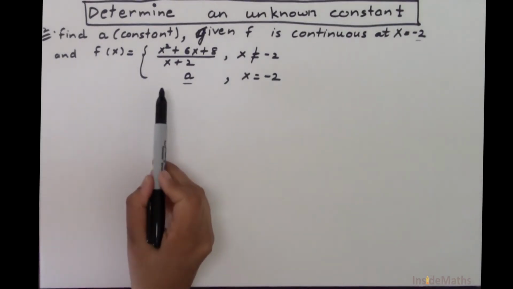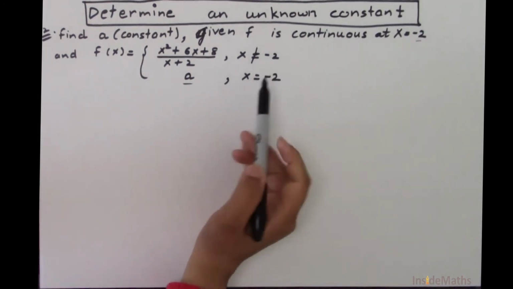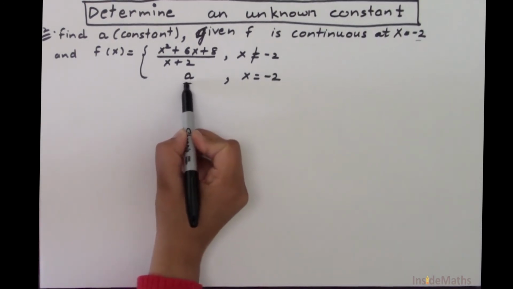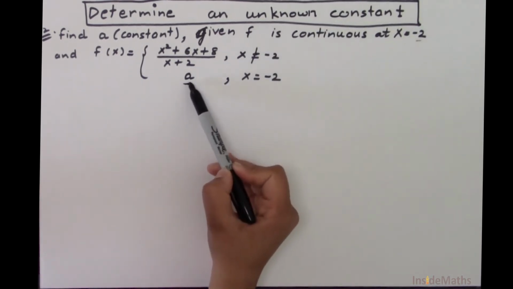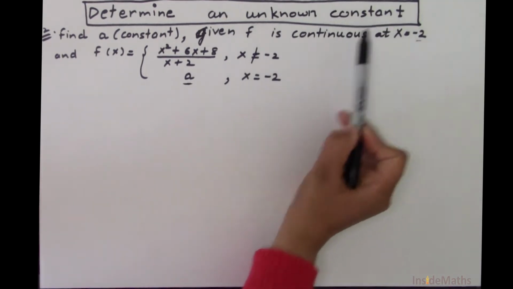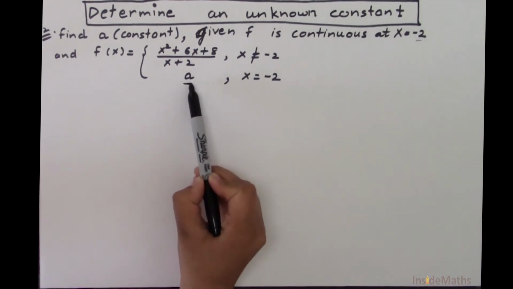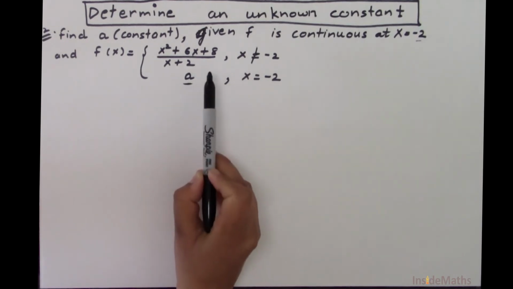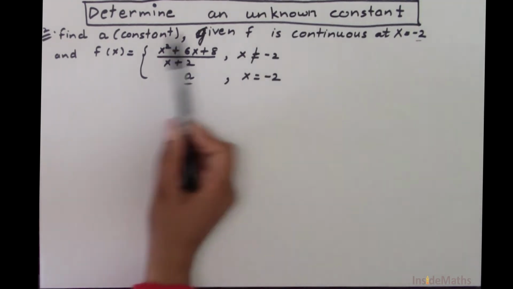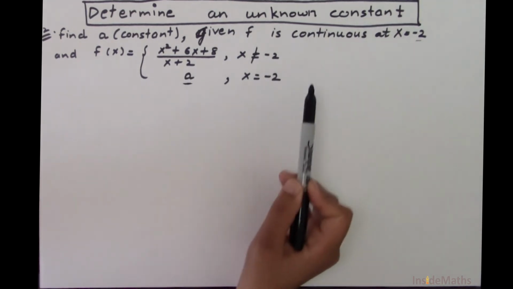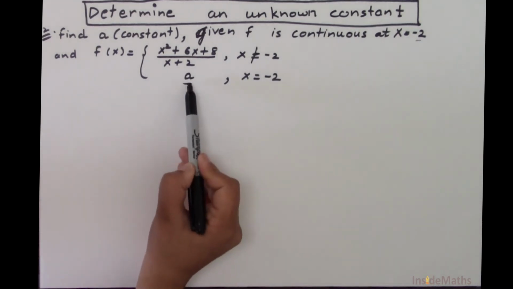Now this is our second example of a piecewise function which involves a constant a, and we have to determine the value of this unknown constant. We have to find the value of this constant, and we are given that the function is continuous at this point. Now in this case we are given that the function is continuous, and we have to find the value of this unknown constant a.